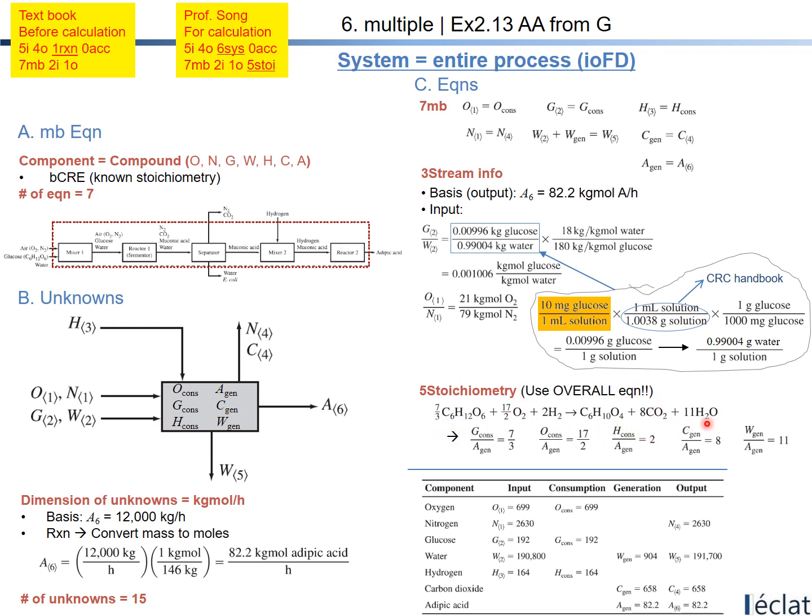This is the overall chemical reaction equation, combining those two reactions, one for reactor 1 and one for reactor 2. So we have only one overall reaction equation. This process is a steady state process, so no accumulation. So the total number of variables or unknowns is 10: 5 plus 4 plus 1 reaction.